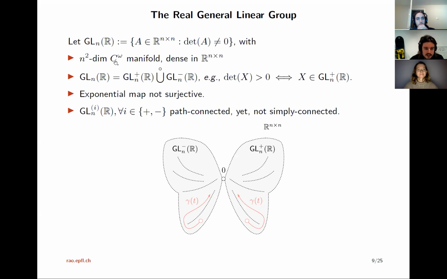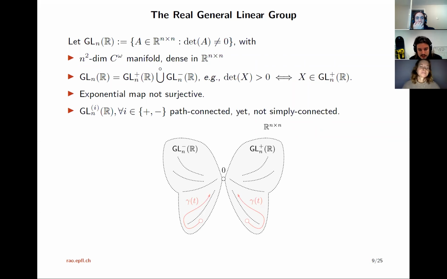You can decompose the real general linear group into its two path-connected components, which we denote by GL_N^+ and GL_N^-, which correspond to the sign of the determinant of the matrices in these parts. Now, of course, this group is dense, so you cannot really think of it like this, but intuitively, it helps to think of it as two separate parts in which you can have these kinds of paths.